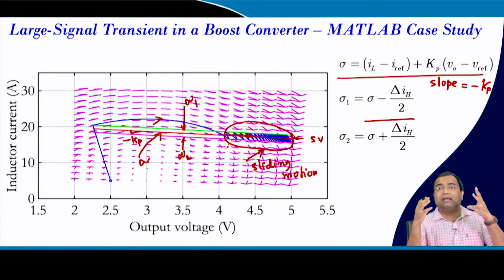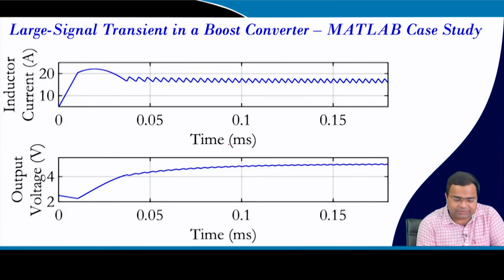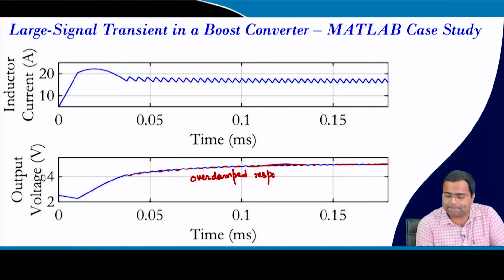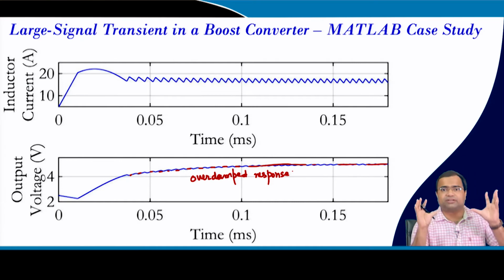It is like an overdamped response, and it takes multiple cycles to reach. If you see the transient behavior, the voltage takes a large number of cycles to actually come to 5 volt. So this is like an overdamped response, like a first order response, because if you take the average trajectory, it is like an overdamped system.